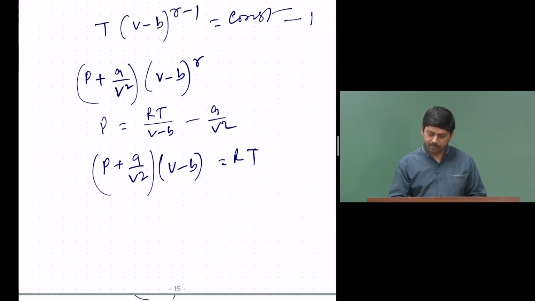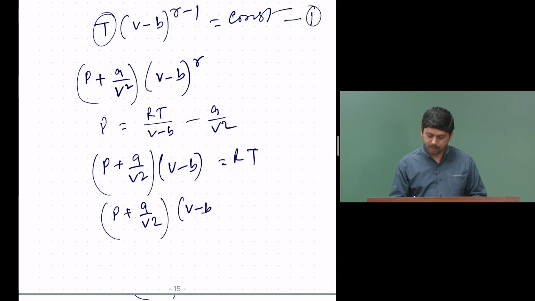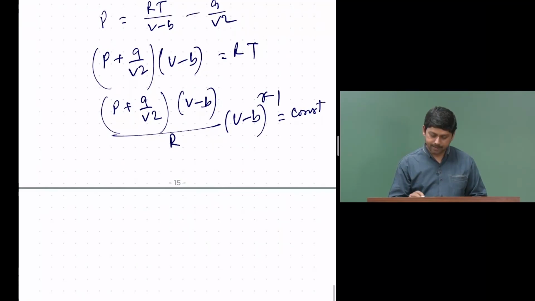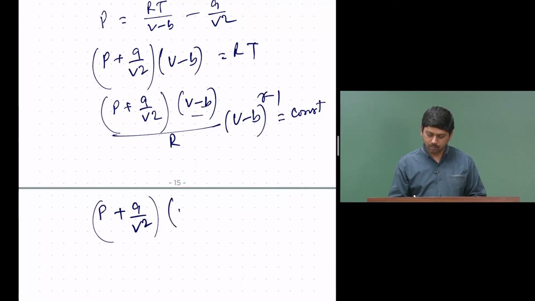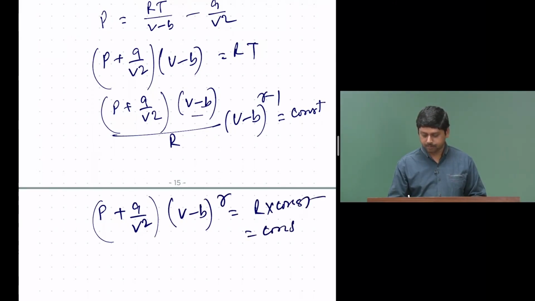Therefore, we can write the same equation 1 by just replacing the T by (P plus a by V square)(V minus b) by R, into (V minus b) to the power gamma minus 1 is a constant, and then we can write (P plus a by V square) times (V minus b) times (V minus b) to the power gamma minus 1, which is (V minus b) to the power gamma, is equal to R into constant, which is another constant. That is also proved.